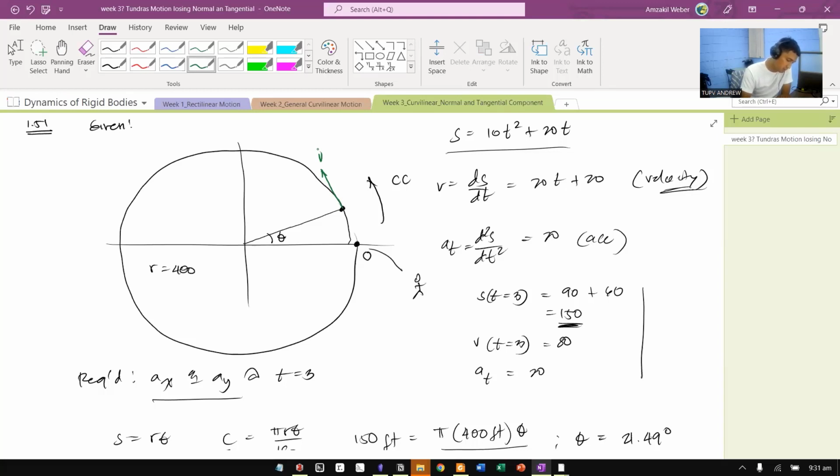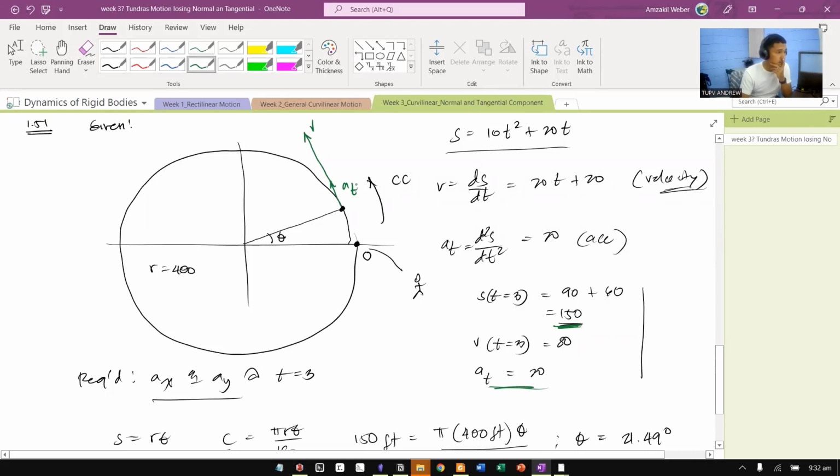And since V is positive, we have the same direction.